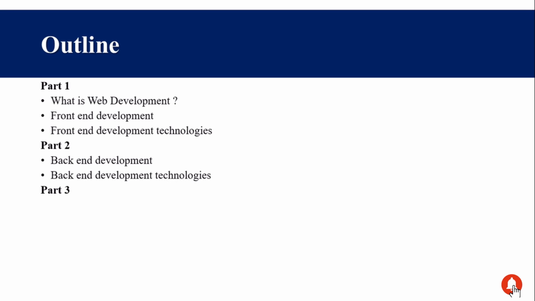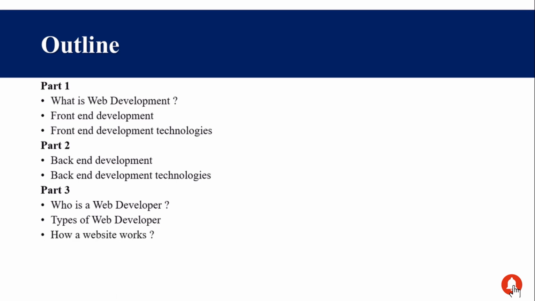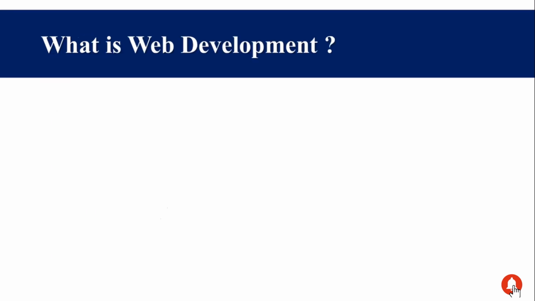Then in part 3, we're going to look at who a web developer is and the types of web developers. Also, we need to look at how a website works. Then at the end of it all, we're going to look at the differences between a web developer and a web designer. Let's get straight to the first part of this lecture.